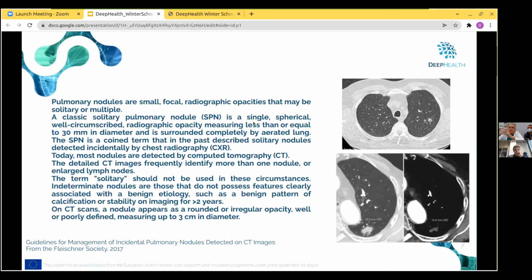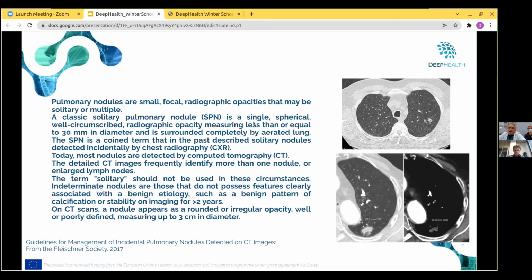Pulmonary nodules are very small focal radiographic opacities that may be solitary or multiple. A very classic solitary pulmonary nodule, SPN, is a single spherical, well-circumscribed radiographic opacity measuring less than or equal to 30 millimeters in diameter and surrounded completely by aerated lung.